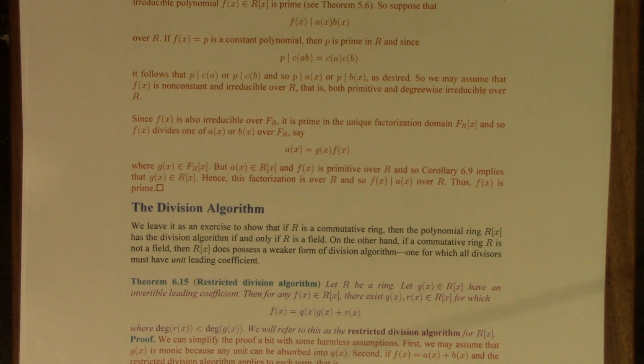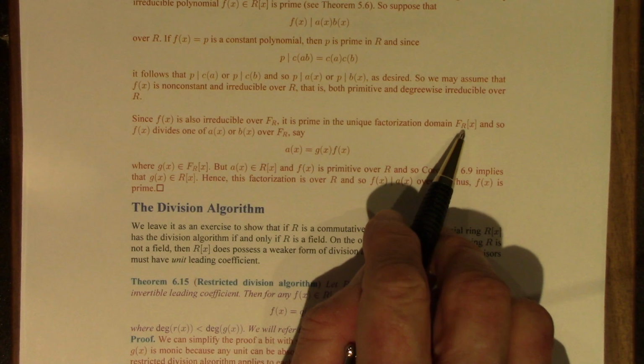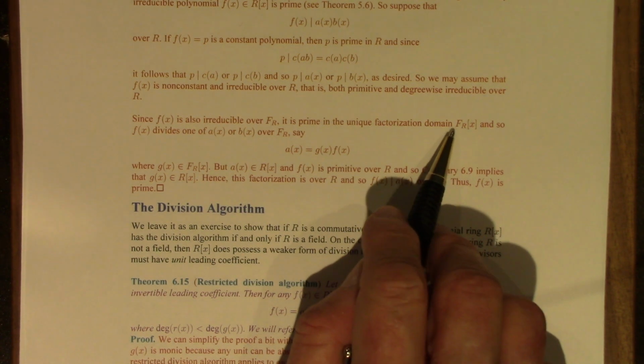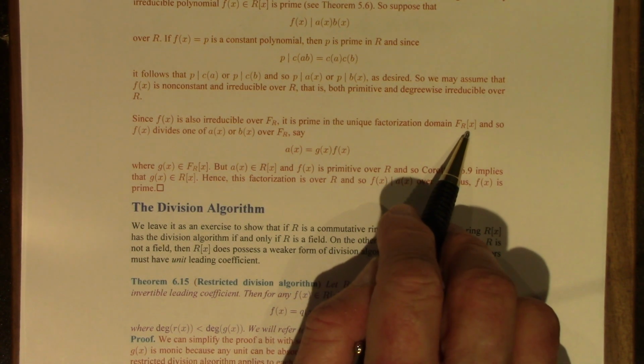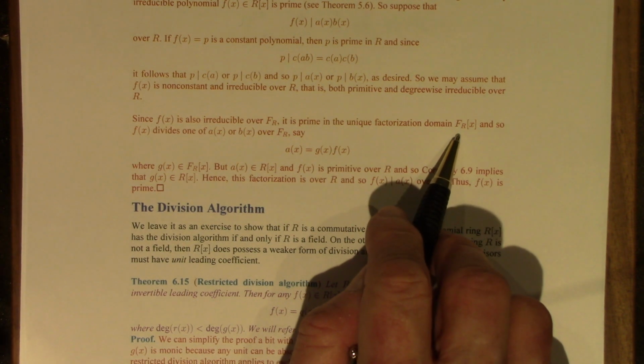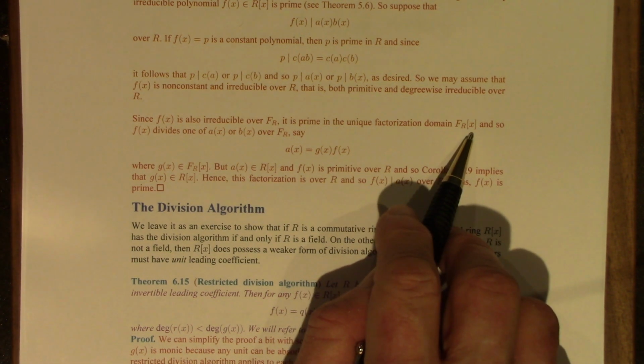Then f of x is both primitive and degree-wise irreducible over R. And since f of x is irreducible over the field of fractions F sub R, it is prime in this unique factorization domain, F sub R[x], because now F sub R is a field, and this is a UFD.